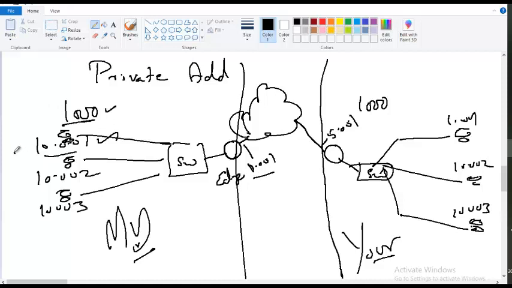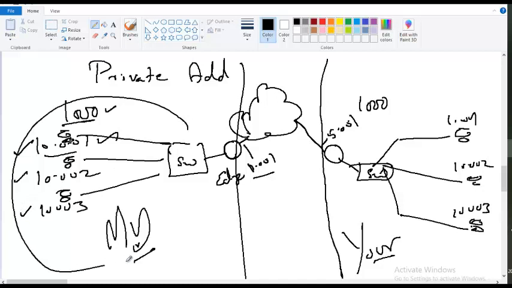The 1,000 private IP addresses I have, I don't need to pay anyone for. Within an organization, to communicate, these IP addresses are more than sufficient and they are free. Private IP addresses are free to use. You can use any private IP addresses and communicate within your organization.